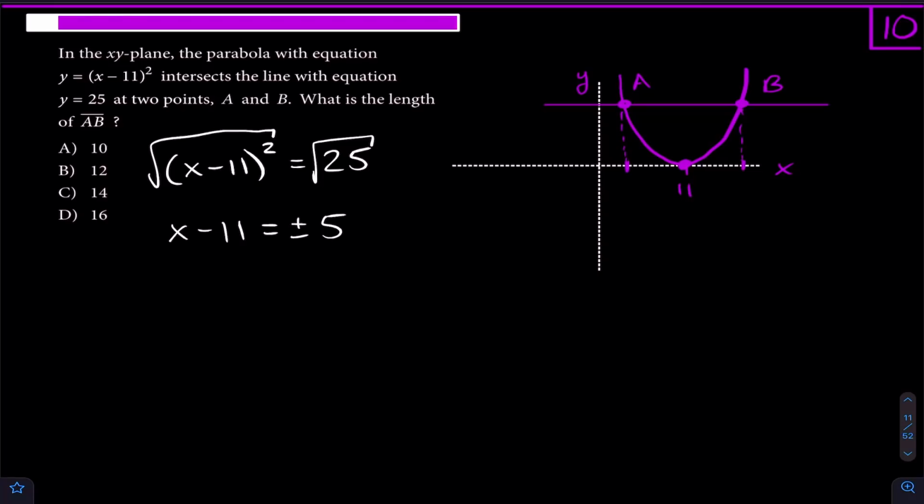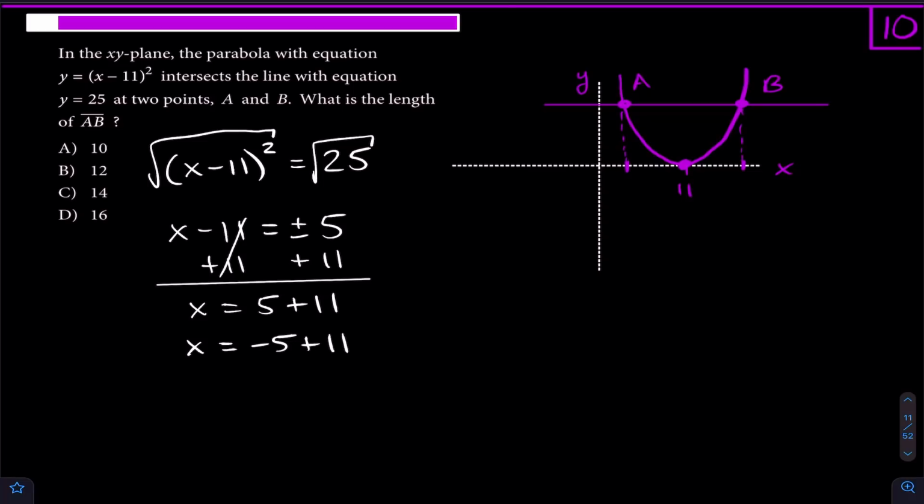Okay? So now I can just keep solving here by adding 11 on both sides. And that will give me that x is equal to 5 plus 11. And it also gives me that x is equal to negative 5 plus 11.